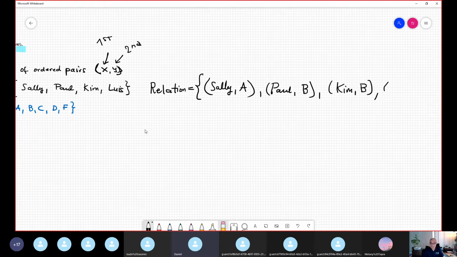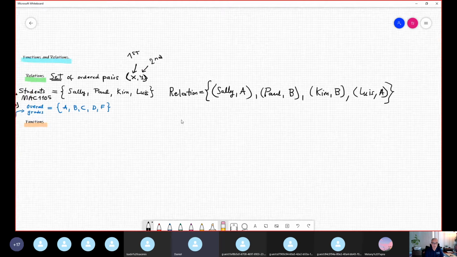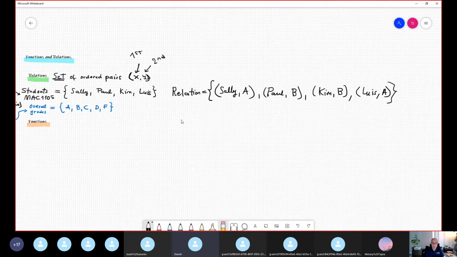And finally Luis, D. Okay. So this is a symbolic way to represent a relation. It is the set of the order pairs. An order pair means one mathematical object que contains the first component, comma, second component.